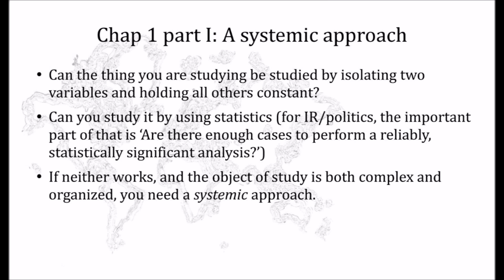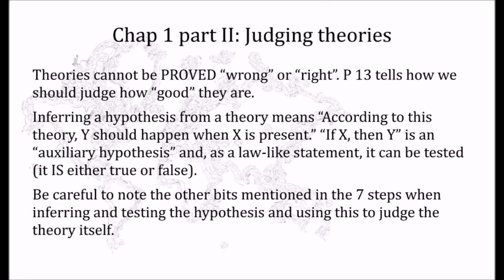For IR or politics, that's possible if you have enough cases to perform a reliably statistically significant analysis. If you only have a couple of cases, you can't really use statistical analysis, and you can't hold 2 things constant. And the final thing is, if you're studying something that is both complex and organized, then you need a systemic approach.